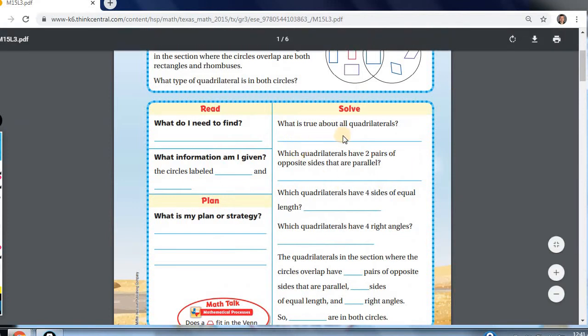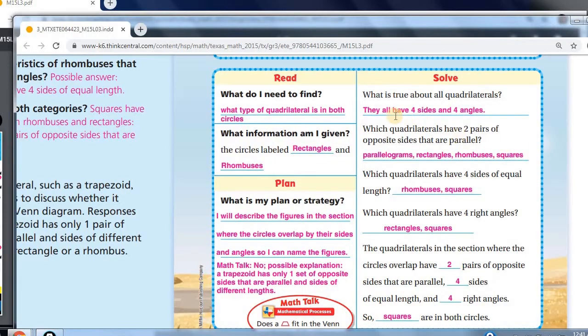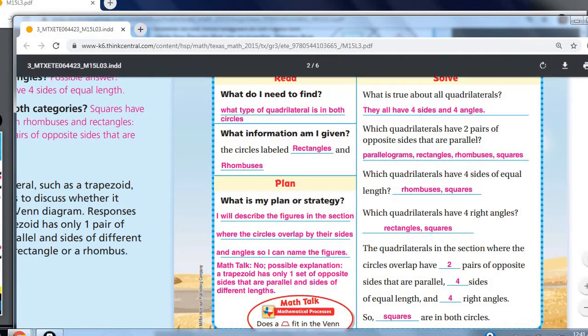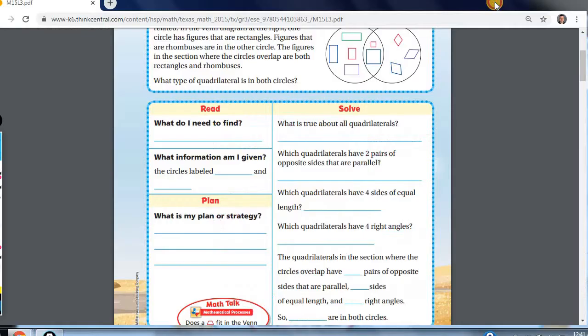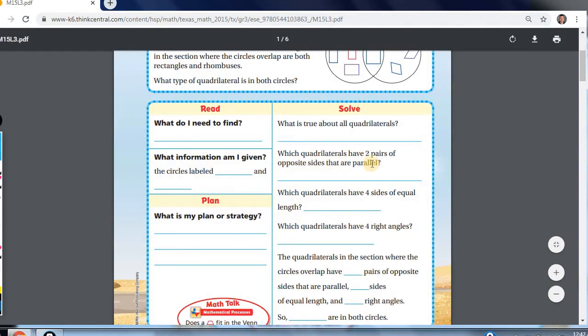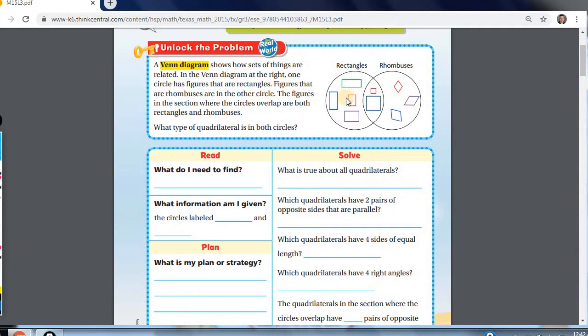So what is true about all quadrilaterals? They all have 4 sides and 4 angles. Which quadrilateral has 2 pairs of opposite sides that are parallel?